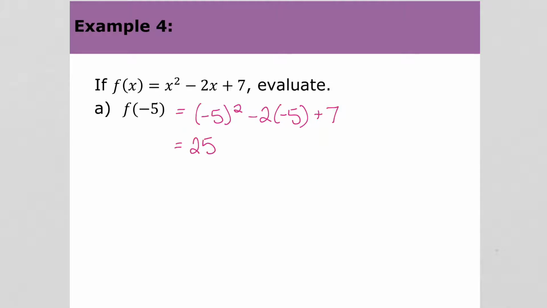Negative 2 times negative 5 is 10. Add those together and we get 42. So what this means, again, is when the x value is negative 5, the y value is 42. So the point negative 5, 42 would be on this graph.